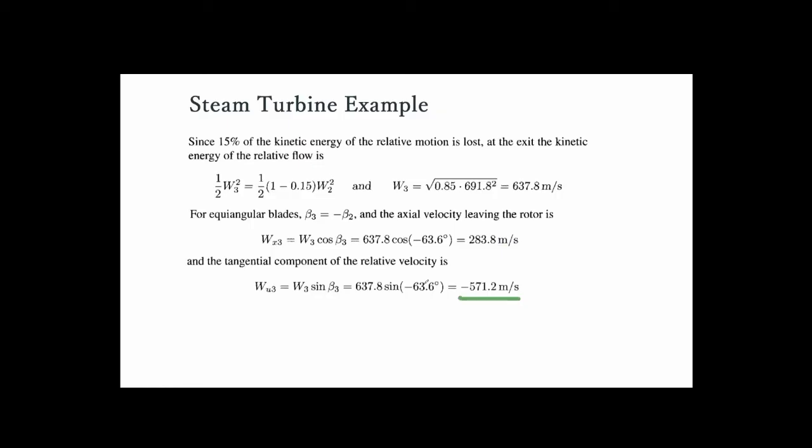Here I want you to be careful about the positive and negative sign. Because beta 3 is equal to minus beta 2, don't forget to put the negative sign inside here. Otherwise, if you don't put this negative sign, you will get Wx3 as a negative value and Wu3 as a positive value.